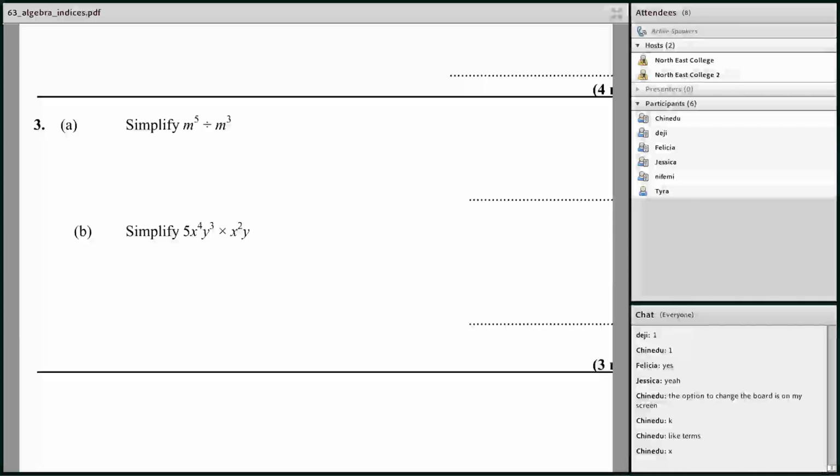Collect together the like terms. What are you going to end up with?